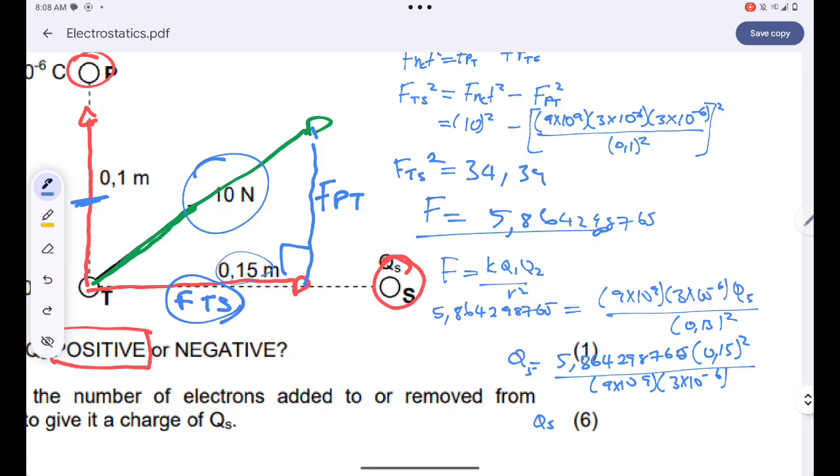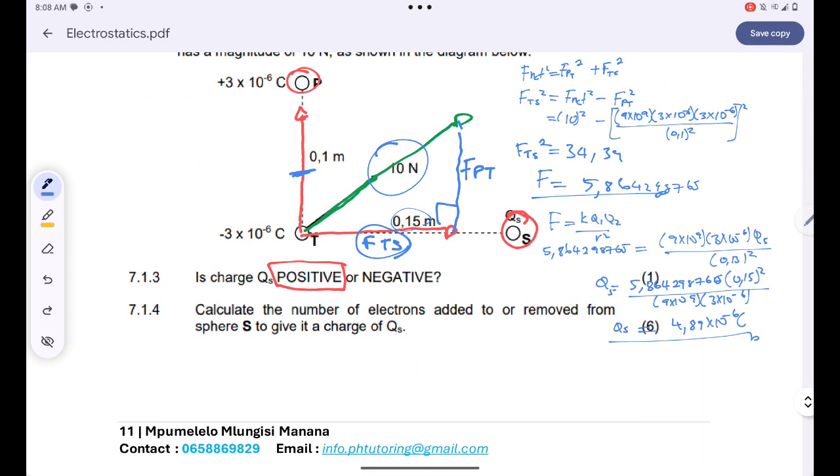Therefore, QS is equal to the answer multiplied by 0.15 all squared divided by 9 times 10 to the power positive 9 multiplied by 3 times 10 to the power negative 6. This will give me a magnitude of 4.89 times 10 to the power negative 6 coulombs, right?